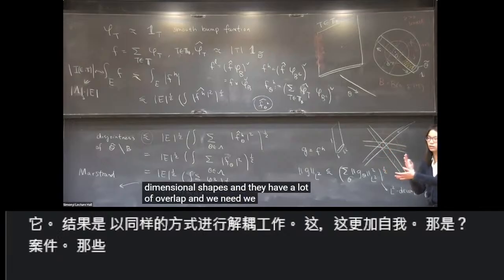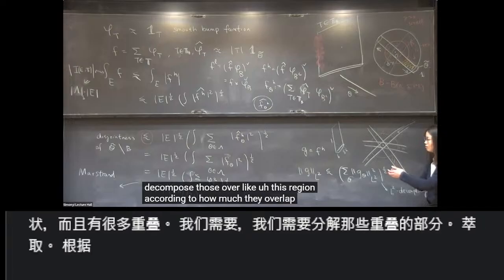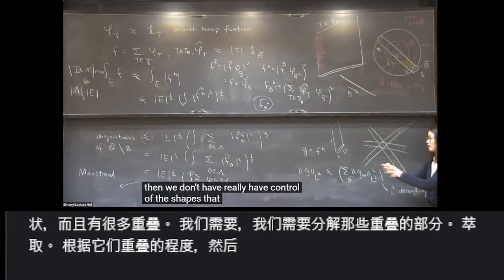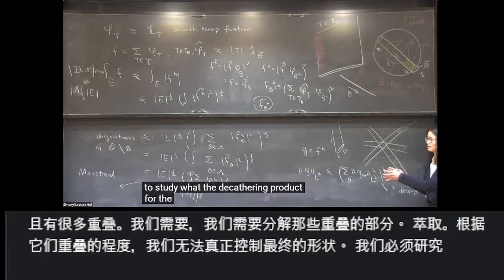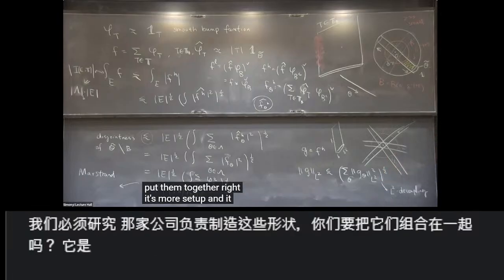We need to decompose this region according to how much they overlap, and then we don't really have control of the shapes that come out, so we have to study the decoupling inequality for those shapes and put them together. It's more subtle, and it took us a while to figure it out.